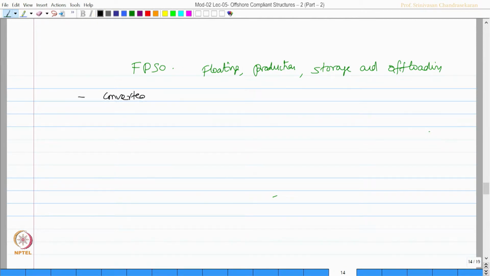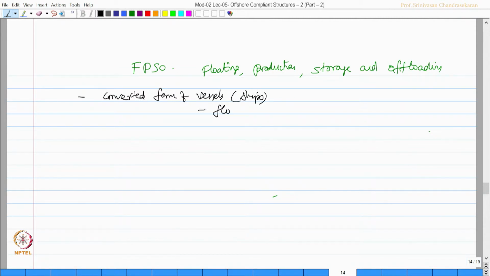The next kind of platform which is also important for offshore drilling production is FPSOs, which abbreviates for floating production, storage and offloading platforms. FPSOs are actually converted forms of large vessels, ships.